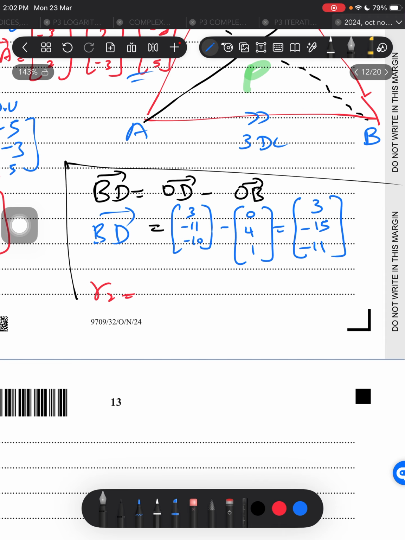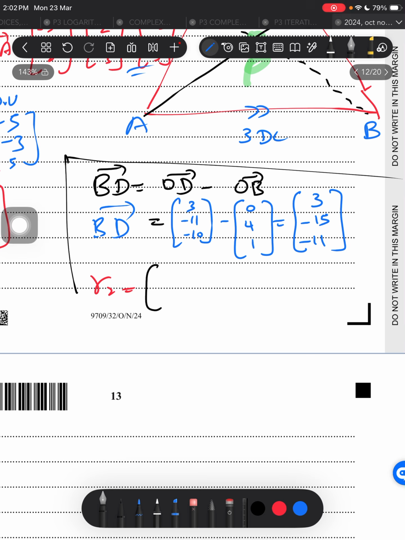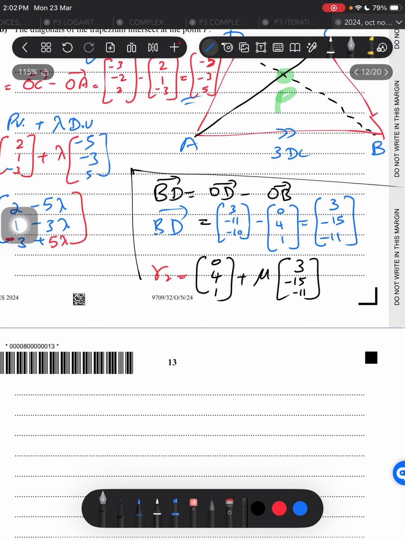So let's start with this: 0, 4 and 1, plus, let's call it mu, and the direction vector is 3, minus 15 and minus 11. So another equation R2 would be 3 mu, 4 minus 15 mu and 1 minus 11 mu.